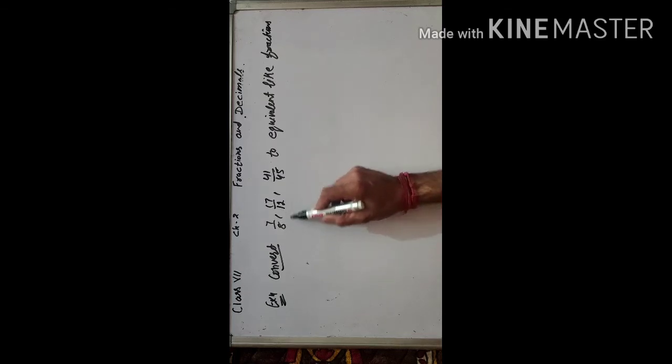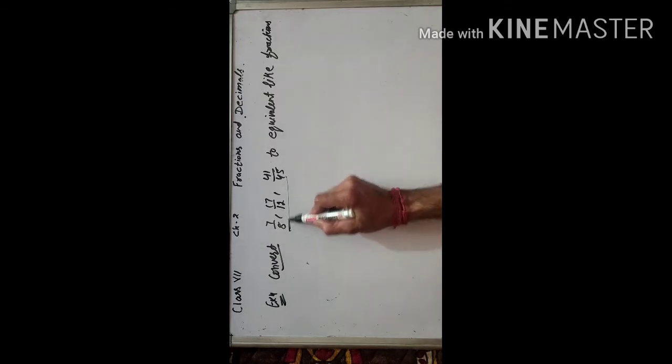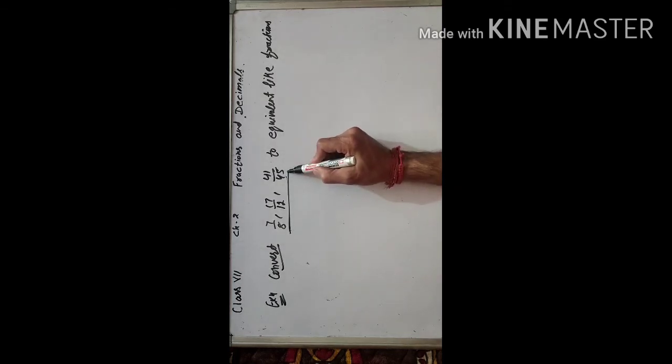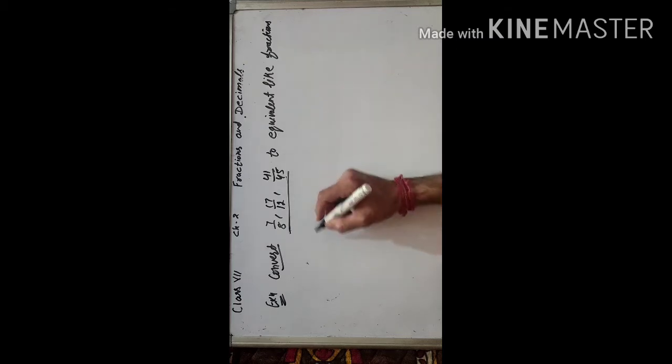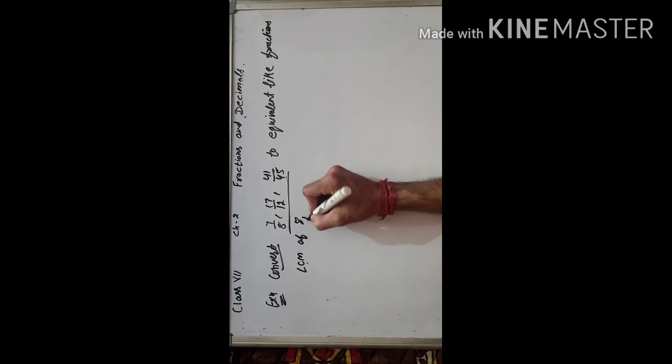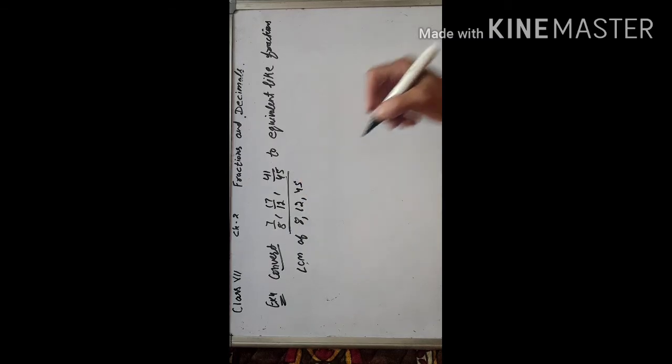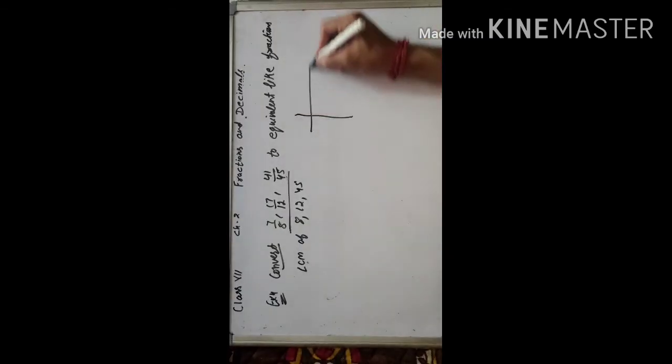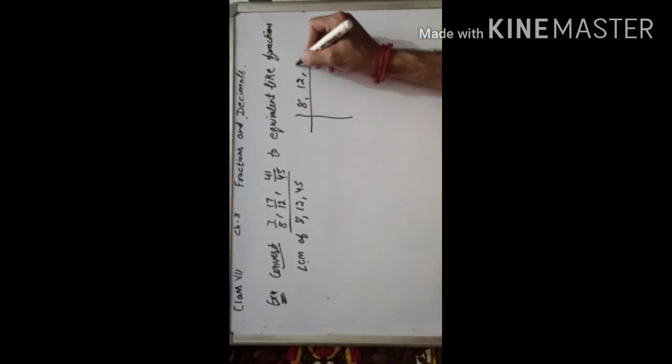When we have to make the denominators the same, equivalent means we have to make the denominators the same. So for that, first of all, we have to take the LCM of 8, 12 and 45.